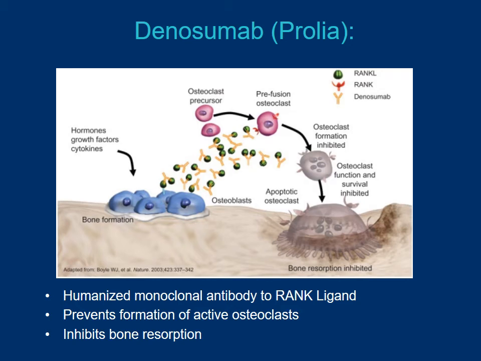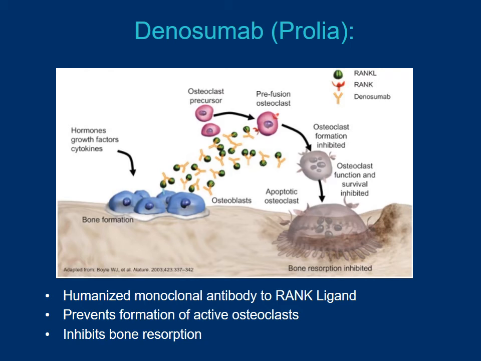Thus, the osteoclast function and survival will be inhibited, and it will not be able to resorb the bone. So it's an anti-resorptive drug, by binding to RANKL and preventing it from activating the osteoclast to become a mature, functioning osteoclast, thus inhibiting bone resorption.